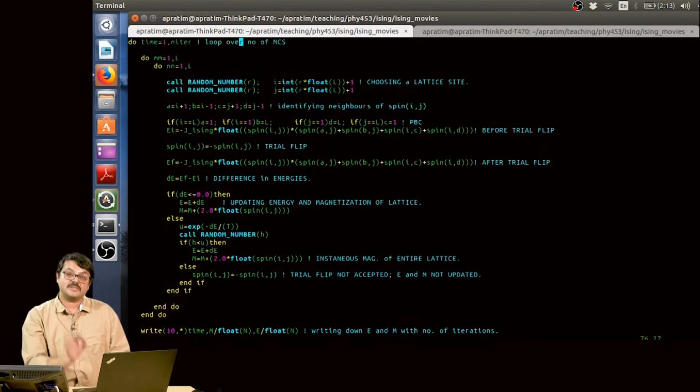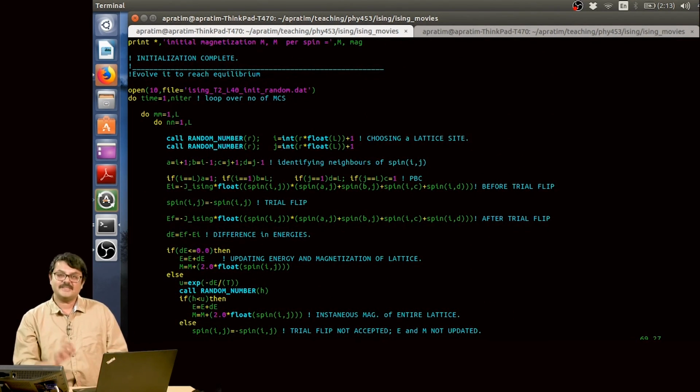A question. So, just to remind you that the spin to be updated is chosen randomly in the lattice. In one Monte Carlo step, you are doing n attempts to flip a spin, but the spin to be given a trial flip is chosen randomly. As a consequence, in one Monte Carlo step, it is quite possible that 1 or 2 or 5 of the spins have been given trial flips more than once.